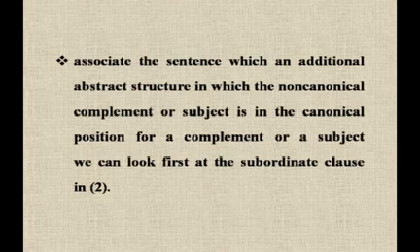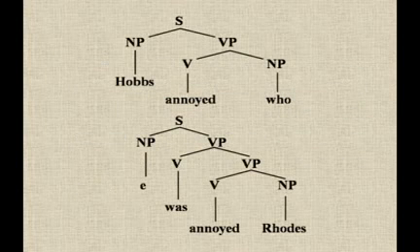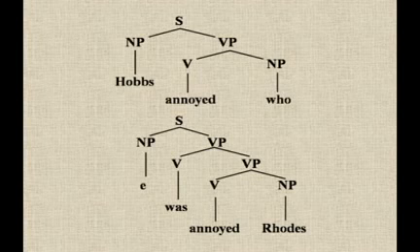We can look first at the subordinate clause in 2. Here, in addition to the ordinary structure in 35, who Hobbs anointed, we can have the following abstract structure in which who is in the canonical complement position.